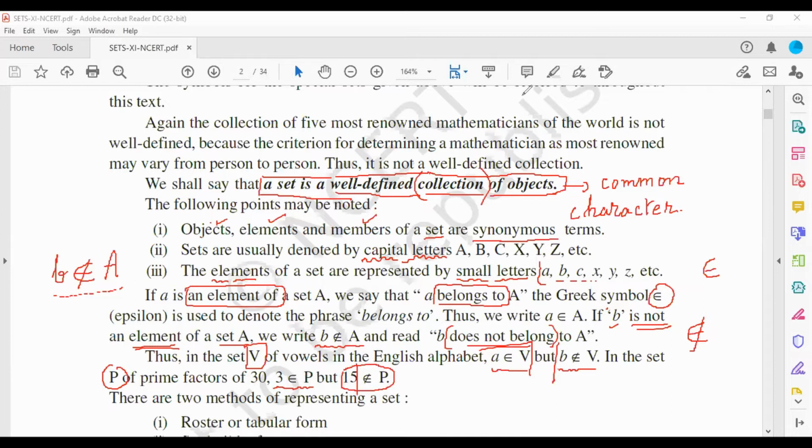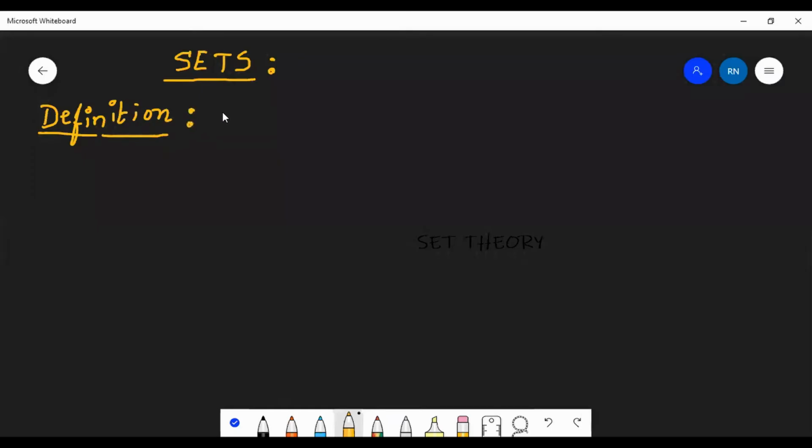Okay, so let us, I think I will take you to the board so that I can give you more examples. So definition, you got the idea. It must be a collection of well-defined objects.